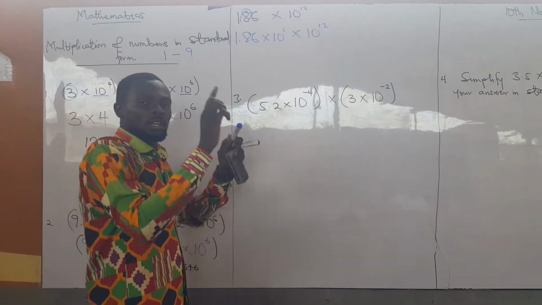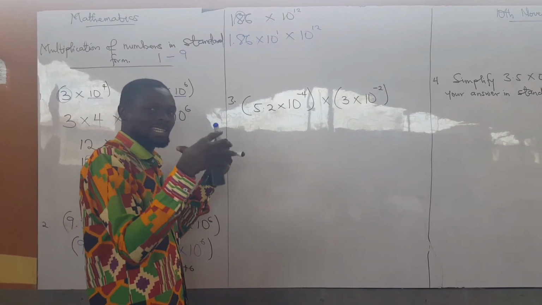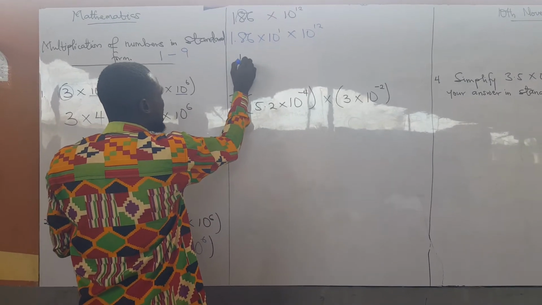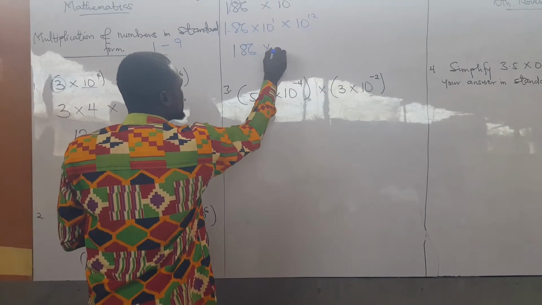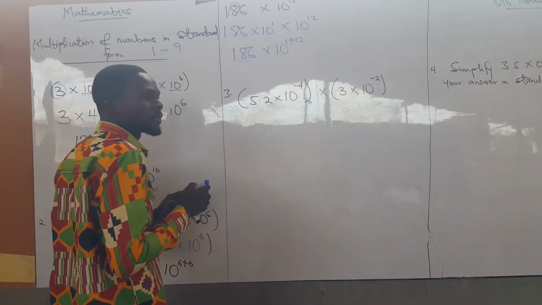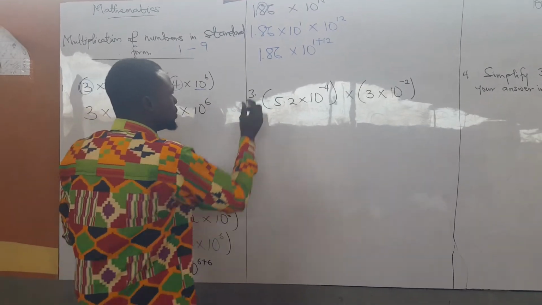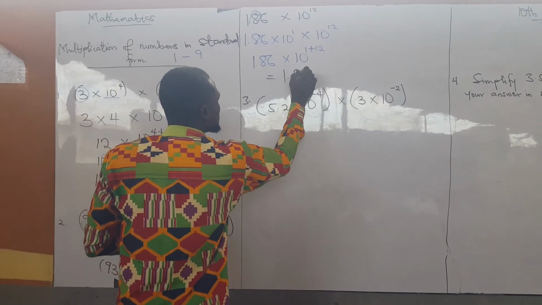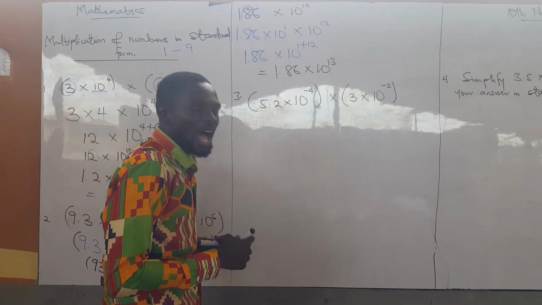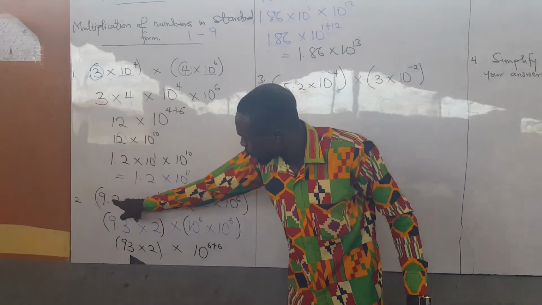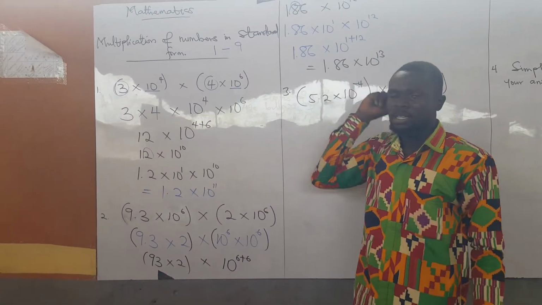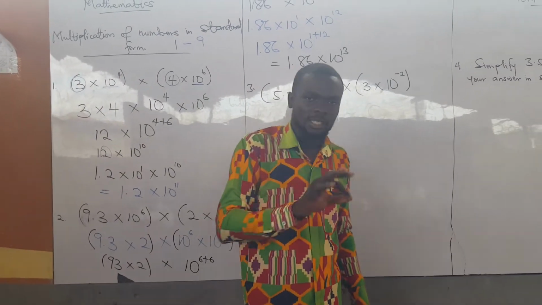The first law: if you are multiplying and the bases are the same, you add the powers. So this is going to give me 1.86 times 10 raised to the power 1 plus 12. And putting the powers together, we are going to have 1.86 times 10 raised to the power 13 as your answer. So the solution for these numbers in standard form is 1.86 times 10 raised to the power 13.